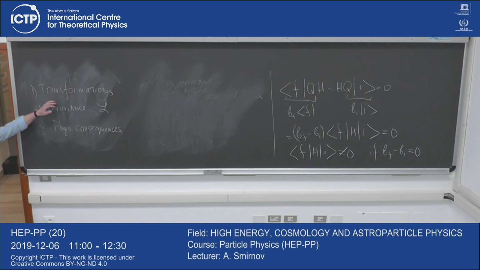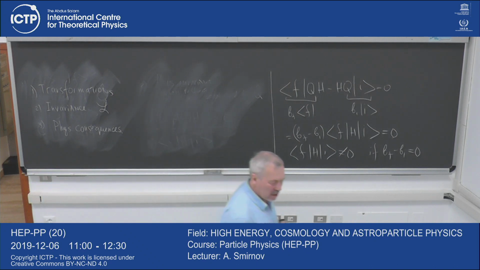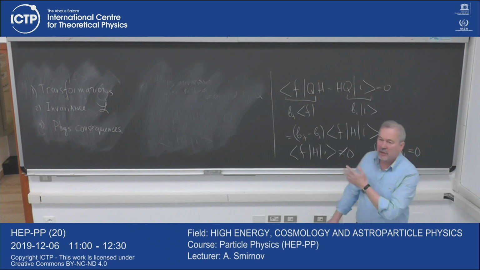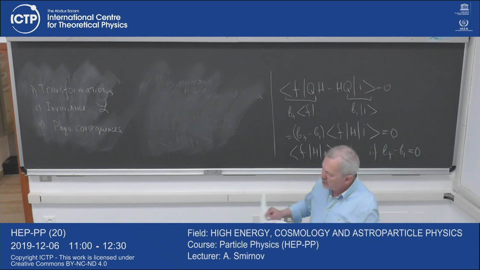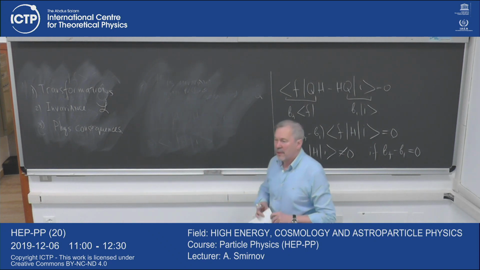Now, how do we define transformations? In principle, you can try everything. You can invent your own transformations and then check all the things. Of course, it's interesting if your Lagrangian is invariant. You may introduce some transformations with respect to which the Lagrangian is not invariant, then there is nothing to do.